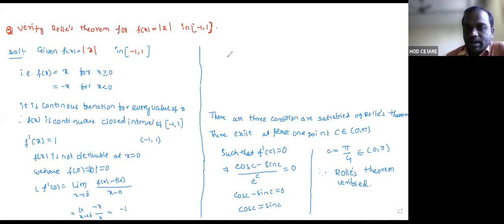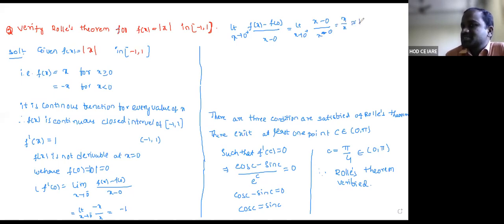Next, the RHS part: limit x tends to 0 plus, f of x minus f of 0 by x minus 0, which is x by x, equal to 1.